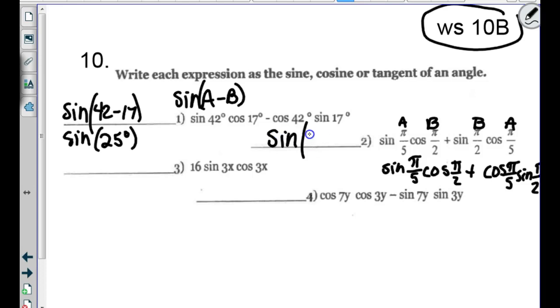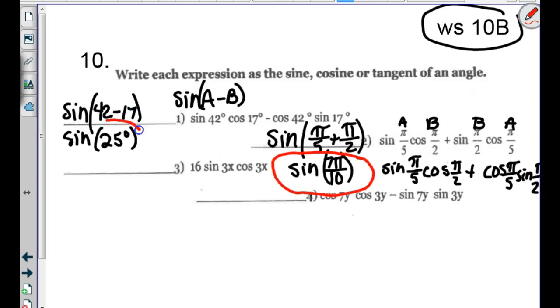Okay, what are A and B? Okay, simplify that for me. What's 1/5 plus 1/2? Okay. So there it is down to a single function.